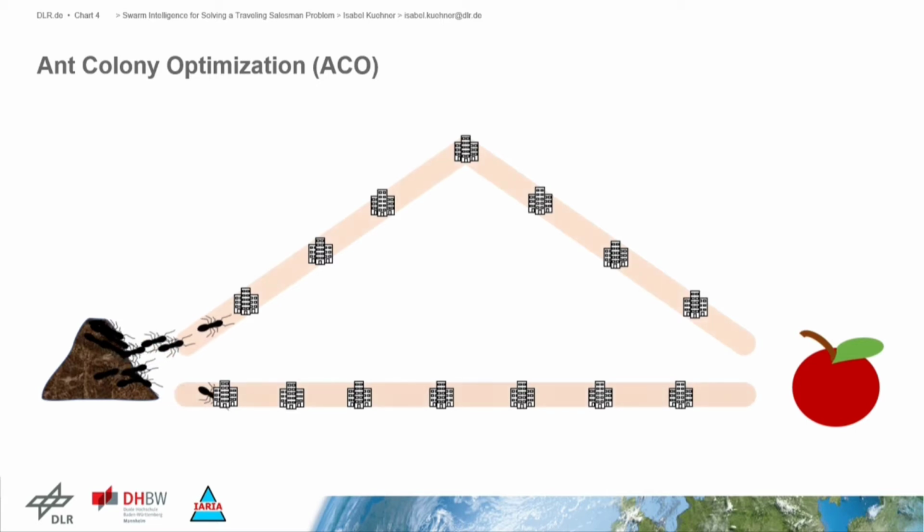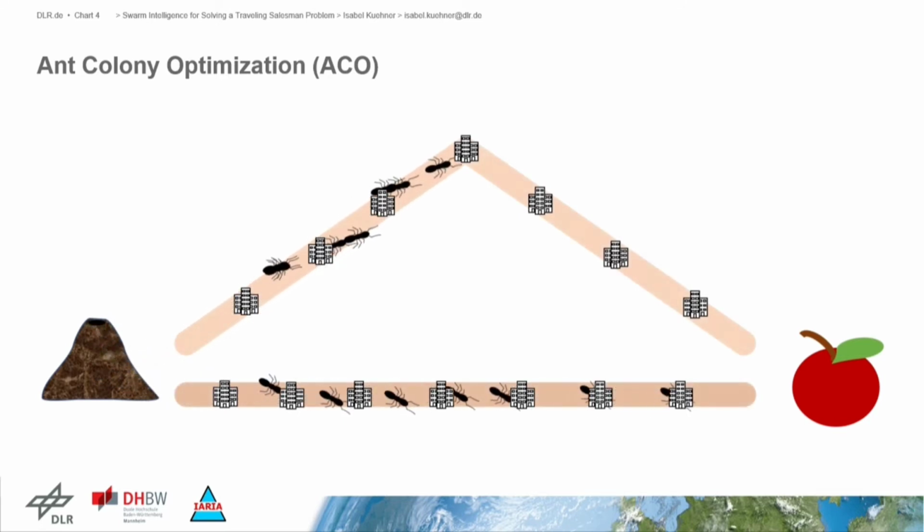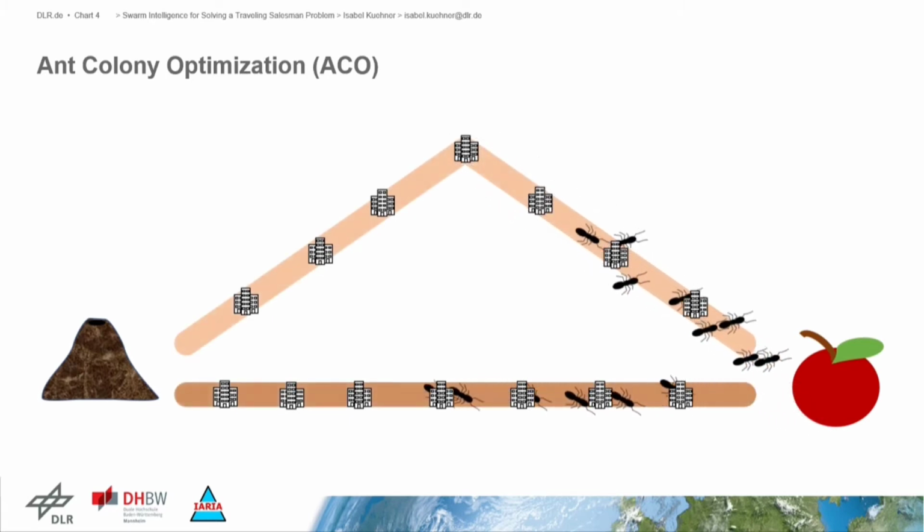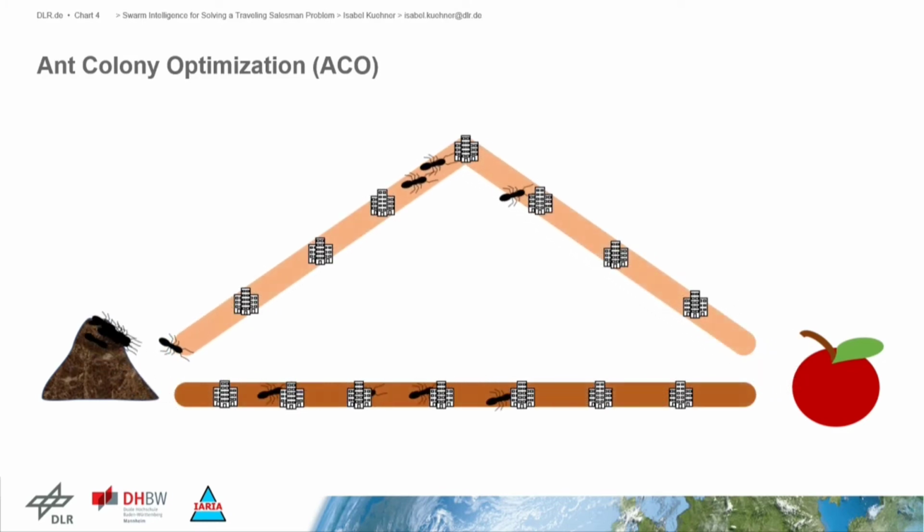If then the ants arrive that chose the long path, they will also choose the short path because there are more pheromones and more ants will choose the short path. And as you can see in the animation, the more pheromones on a path, the darker the path gets. And if you iterate this algorithm multiple times, in the end, all ants will choose the short path to reach the food source.